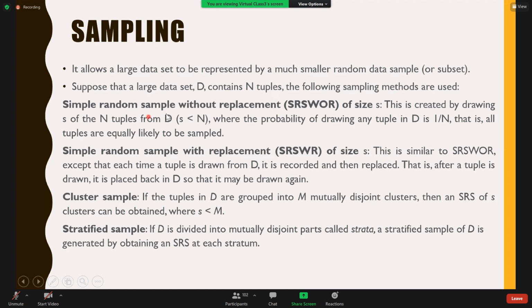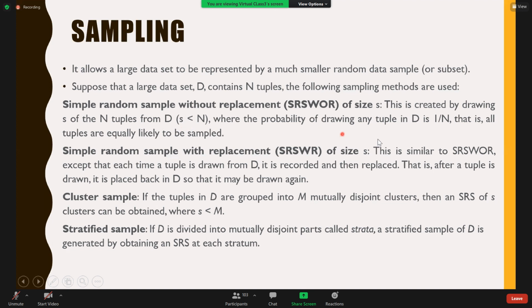One is simple random sample without replacement. Out of n tuples, how many are you selecting? S samples. You are randomly selecting the samples. This is created by drawing S of the total n tuples, where S is always less than n.